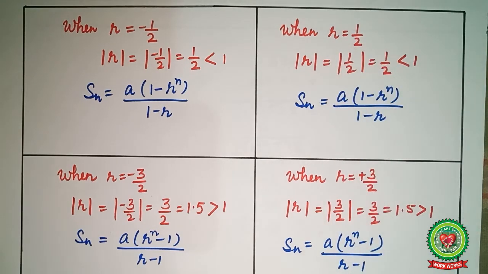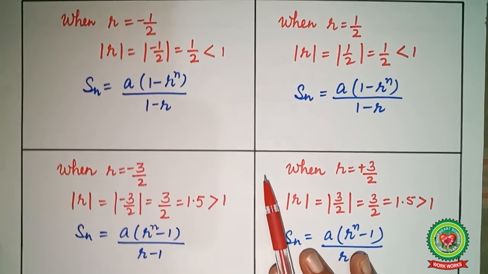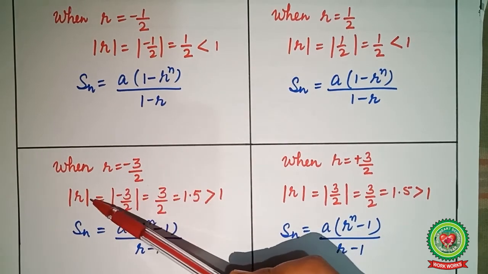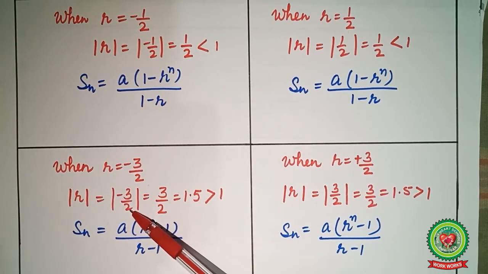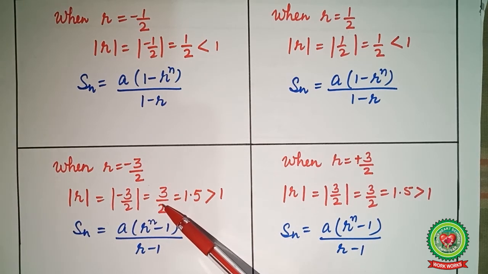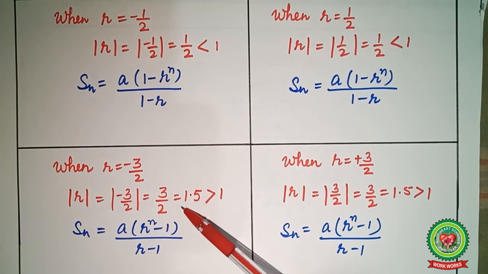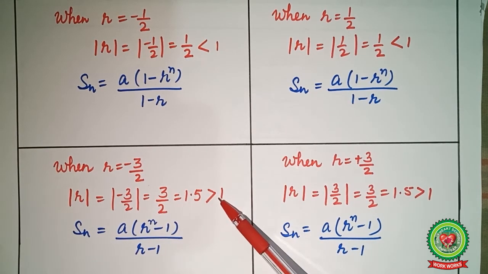Next I have taken the example of minus 3 by 2. Now be careful. Mod R will become mod of minus 3 by 2, which changes to plus 3 by 2. Now 3 by 2 means 1.5, which is greater than 1.